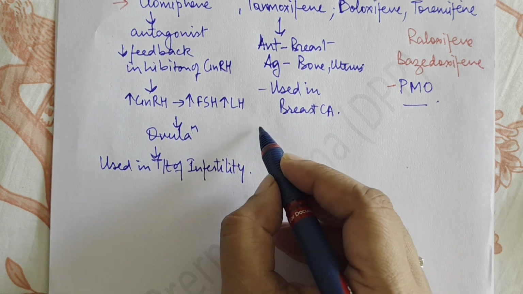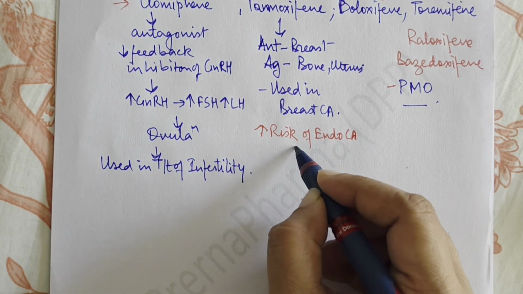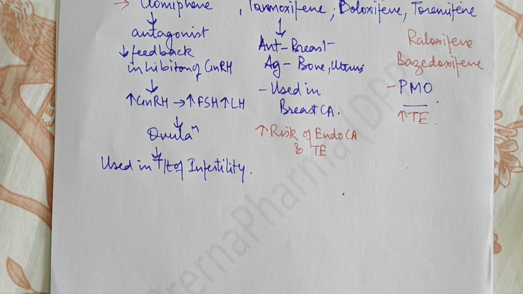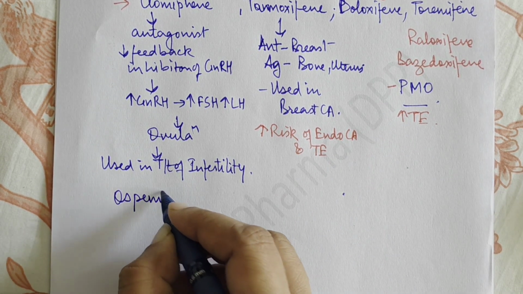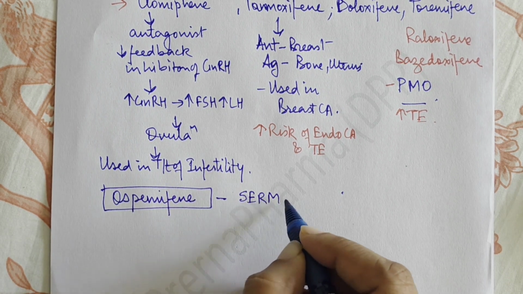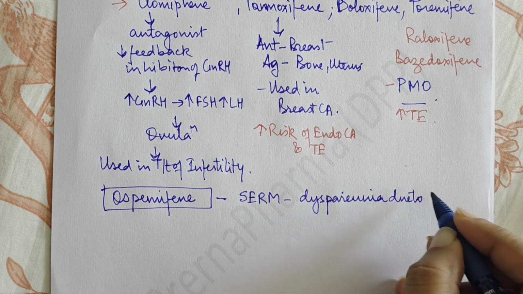Now these drugs, like tamoxifen, have an increased risk of endometrial carcinoma and thromboembolism. These drugs also have an increased risk of thromboembolism. Then there is a new drug, ospemifene. This ospemifene is a new SERM which is indicated in dyspareunia due to menopause.